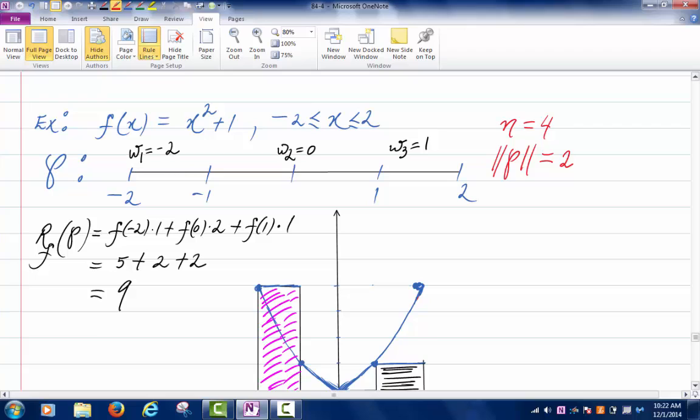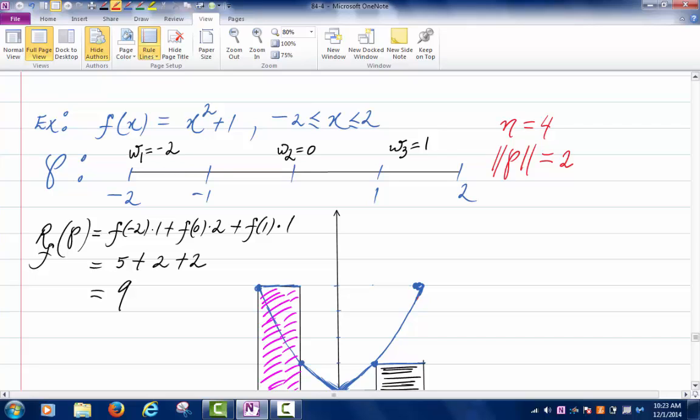From that first subinterval, I picked the sample point W1, and I picked W1 to be equal to -2. Okay, -2 is in the first subinterval. The second sample point is from the second subinterval, and the second sample point is 0. And the third sample point is 1. Is that clear?